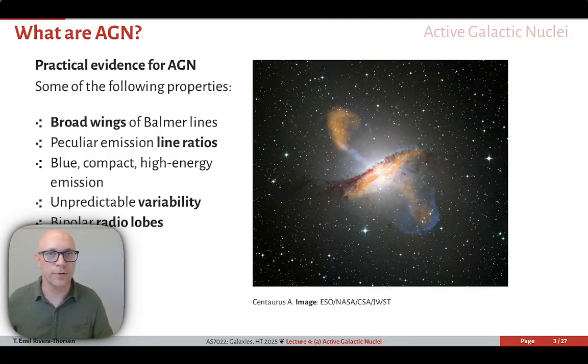Another thing we can observe from AGN are what we would call bipolar radio lobes, as you can see a very beautiful example of here to the right. This is a galaxy called Centaurus A. You can see this galaxy with an AGN in the center, and you can see these very high velocity jets of material that are being flung out of the center of the AGN. And you can even see this highly ionized gas, which is being ionized by the shocks of this high velocity gas.